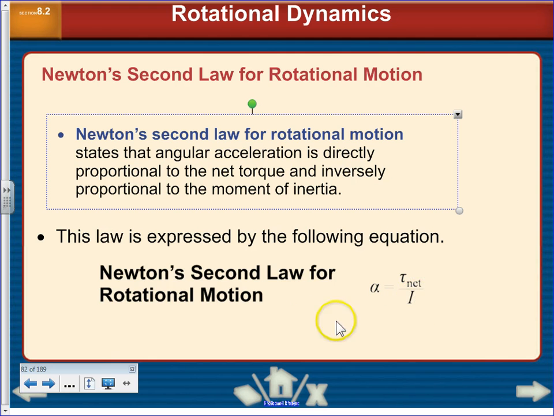And the higher the moment of inertia, the harder it is to spin something, or for the same amount of torque, the slower it will accelerate. So that's our equation: angular acceleration is equal to the torque divided by the moment of inertia.